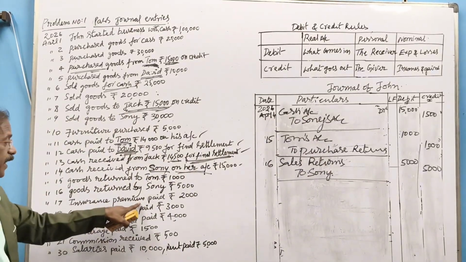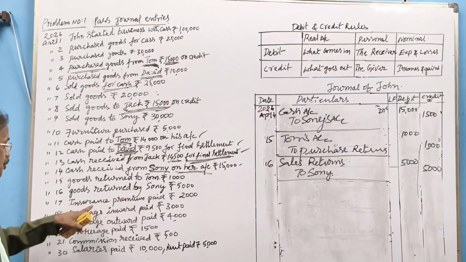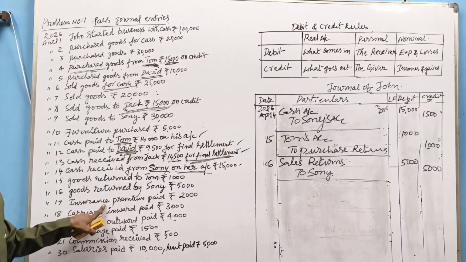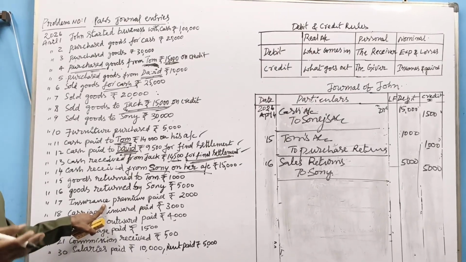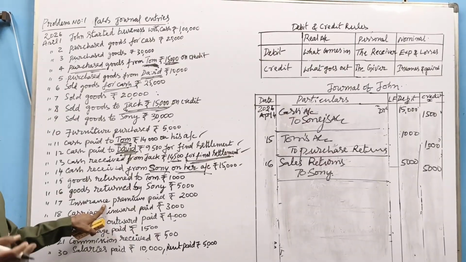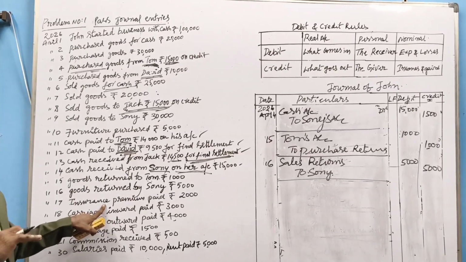Insurance premium paid. Insurance premium means expense. When you take an insurance policy for your goods, we have to pay some premium yearly once. That amount will not come back.